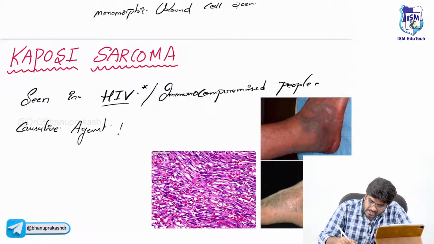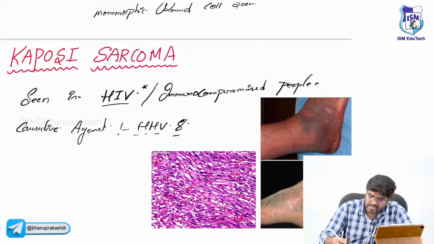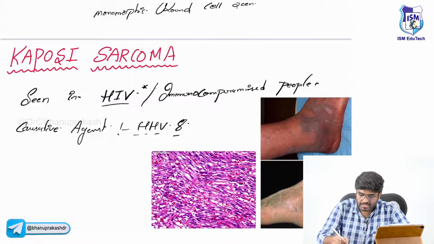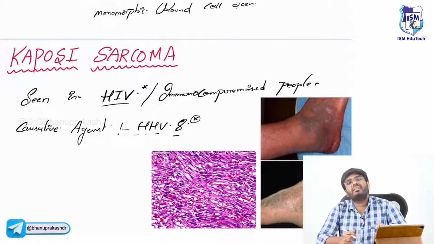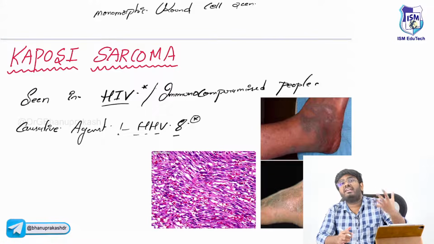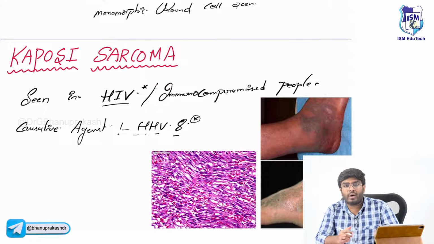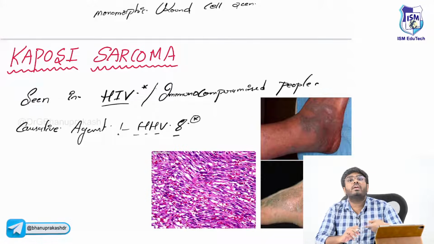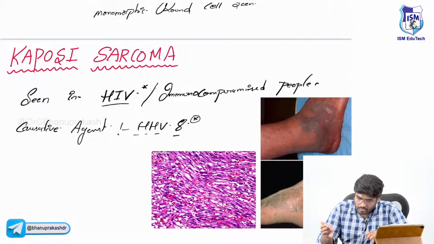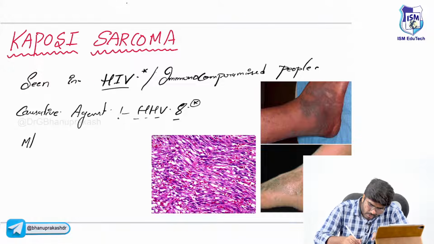No. The causative agent is HHV8, human herpes virus 8. Those people who are in an immunocompromised state will get this HHV8 virus, and it will attack the blood vessels and cause Kaposi's sarcoma. Now, questions which were asked in the exam. What is the most common site? The most common site is the lower limbs.